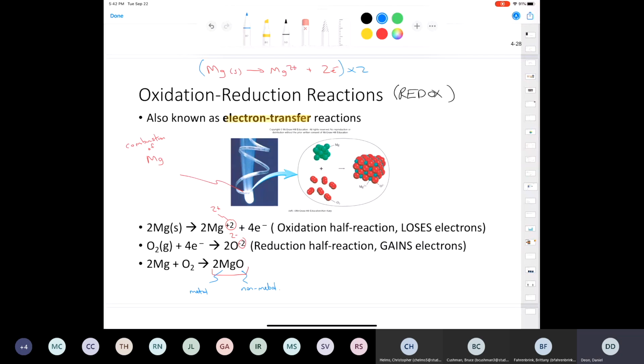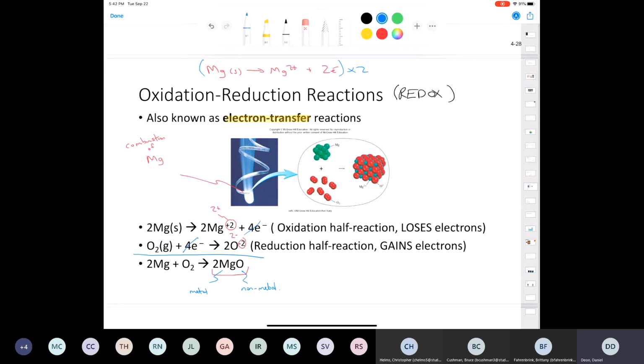Okay, now it says here in the parentheses the oxidation half reaction. So oxidation is the loss of electrons, and then the reduction half reaction is the gaining of electrons. Now you might be wondering, what the heck is a half reaction? Well, a half reaction is just isolating one part of a reaction and demonstrating what's going on. So literally, if you add these 2 reactions together, look what happens.